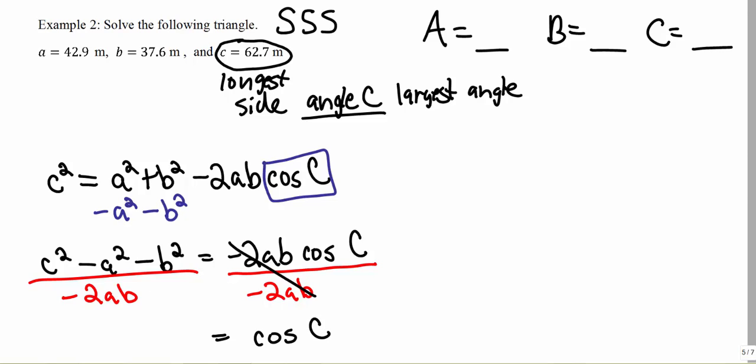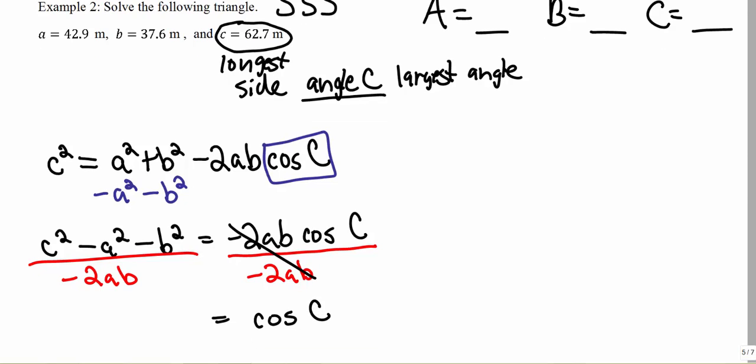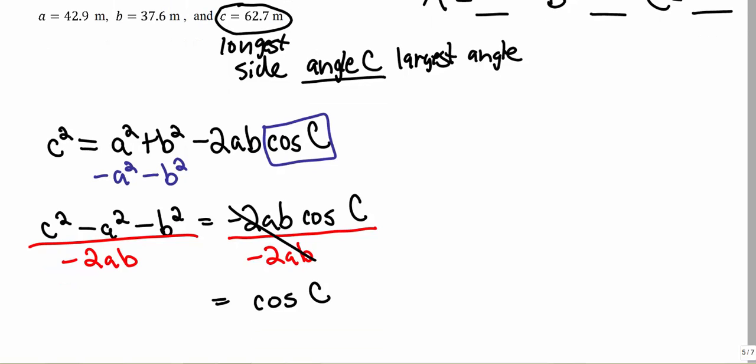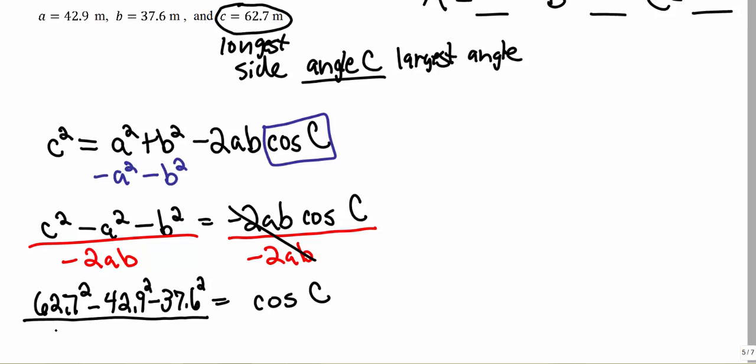We're going to go ahead and plug in our values. So side C, 62.7 squared, minus side A, 42.9 squared, minus side B, 37.6 squared. Type that into your calculator first, then hit enter, and then divide by parentheses.